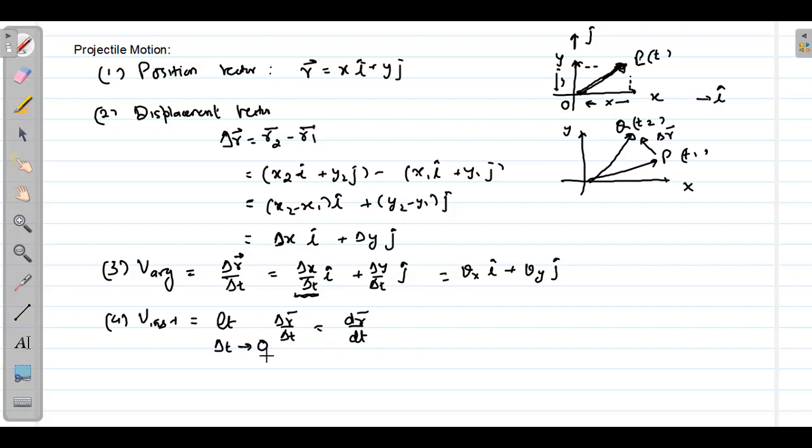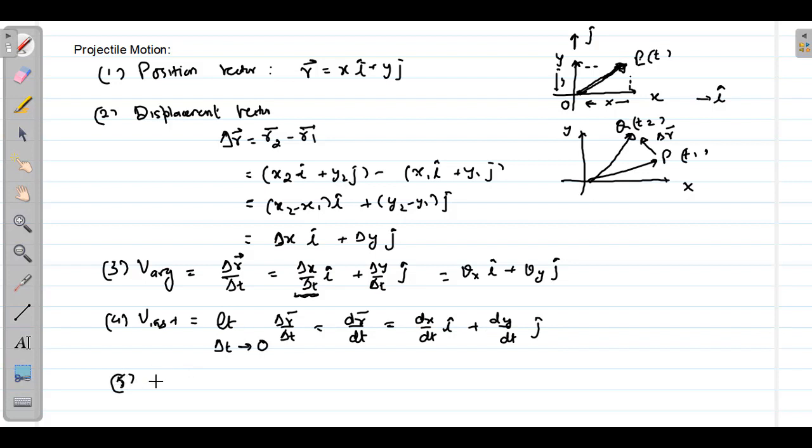Because delta t tends to zero, the problem of differences changes to a differential problem, and we use the formulas of differentiation to find the instantaneous velocity, and this makes the problem easier. So we can write it in terms of differentials. It is equal to dx by dt i plus dy by dt j. So this is the instantaneous velocity.